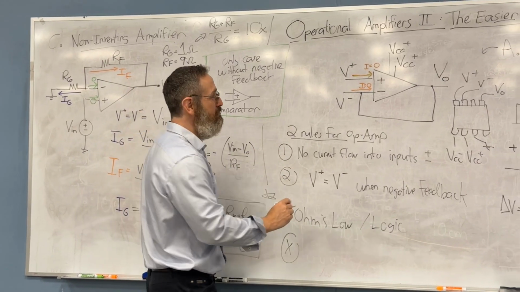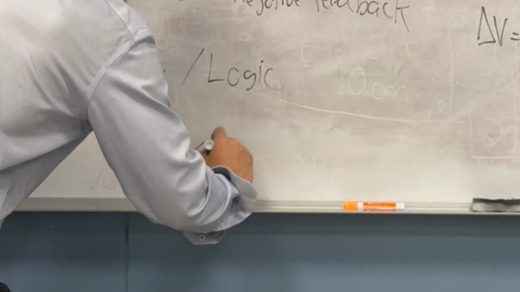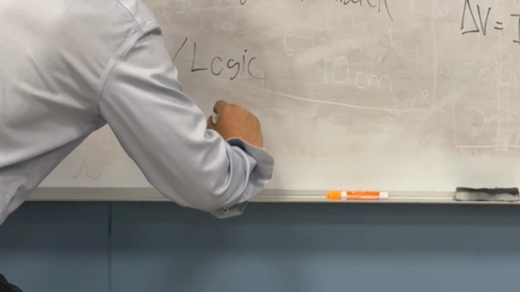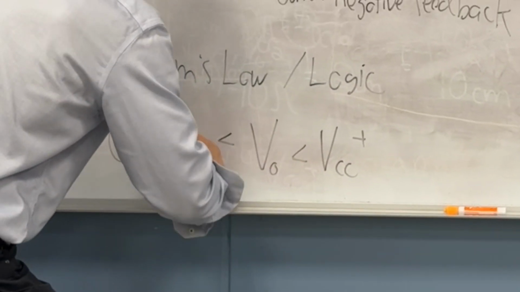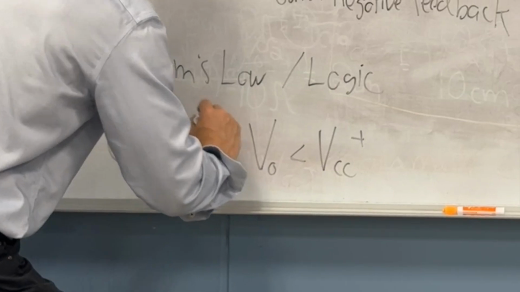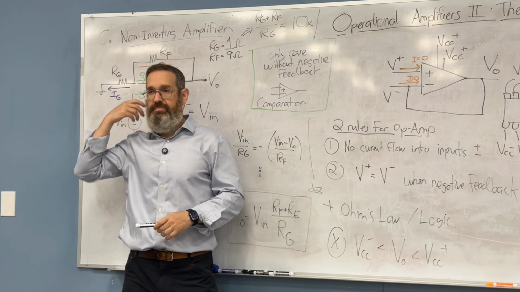But this rule X is that Vout must be between VCC plus and VCC minus. It cannot exceed these. Those are the guardrails that it cannot exceed.